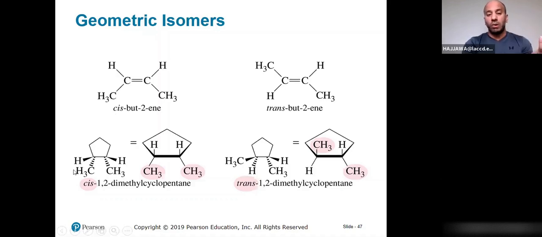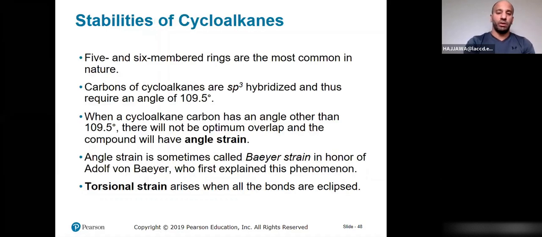If the two biggest groups are facing the same side, it will be a cis. If they are facing the opposite side, that will be a trans isomer of that cyclic alkane. So these two molecules are not the same. These two molecules are actually stereoisomers of each other, and that always has to do with the arrangement of groups in space.